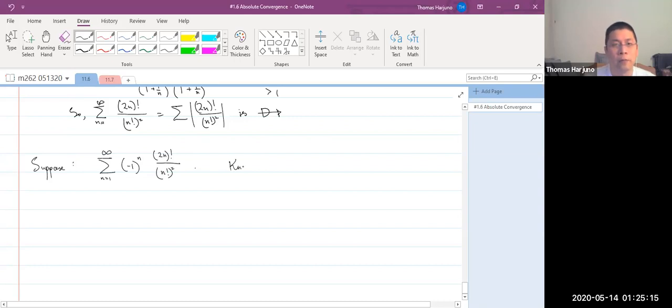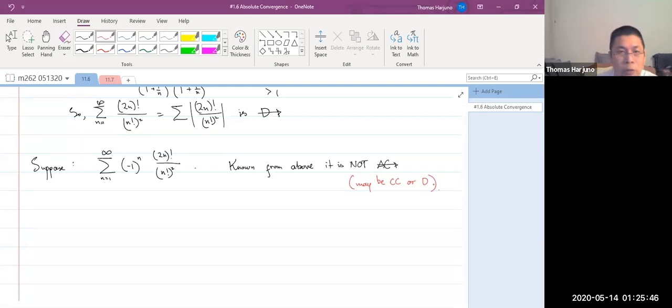Known from above, it is not absolutely convergent. So maybe convergent, maybe conditionally convergent, or divergent. So how do I know that it is conditionally convergent or divergent?